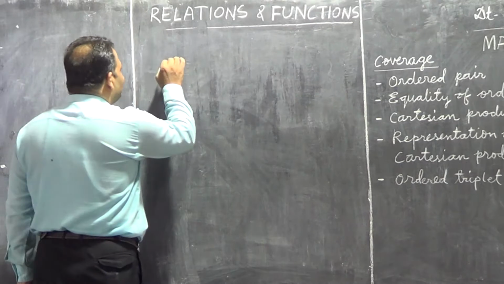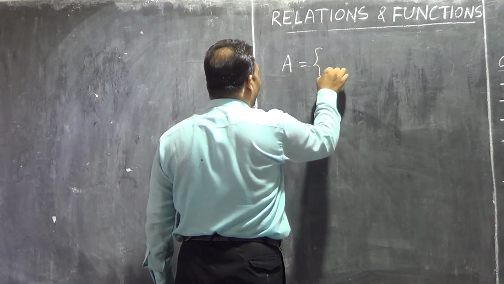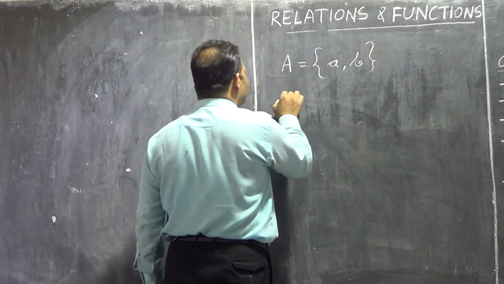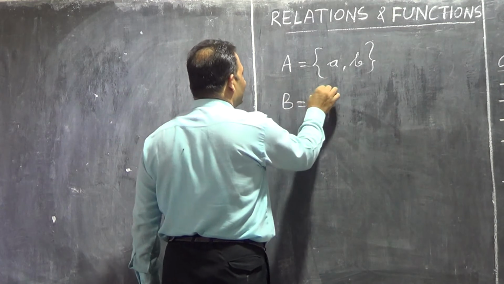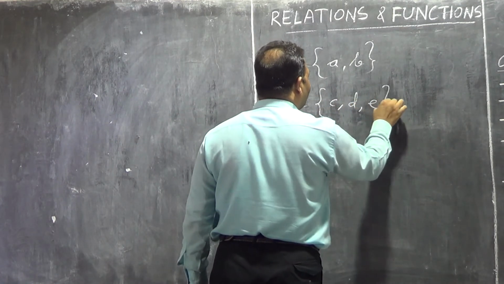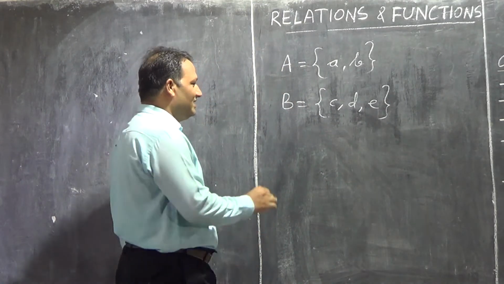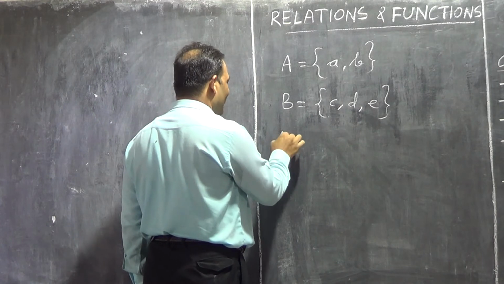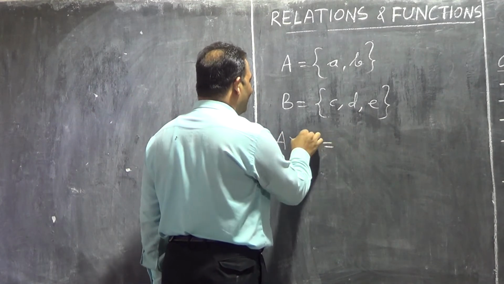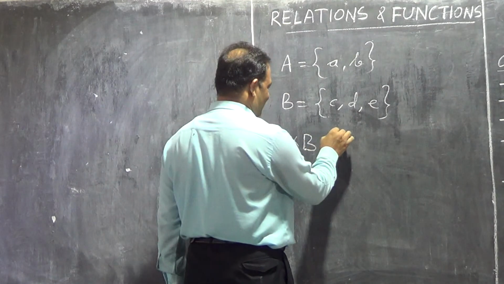So here there is a set A with two elements. There is a set B with three elements. So when we find A cross B, how many elements will be there?